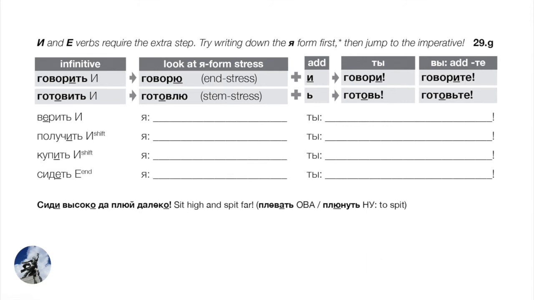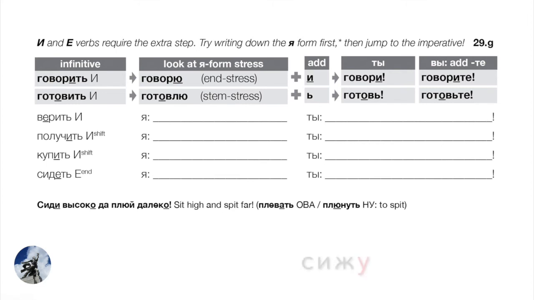Now remember, we're not going to keep the mutation because if we had done the full step-by-step method, we would have started out with купят, dropped the yat, that leaves us with kup, right? So now the issue is, do we add an e or a soft sign? Because the ya stress is куплю, we add the stressed e and we get купи, right? Buy. And сидеть, we've done already.